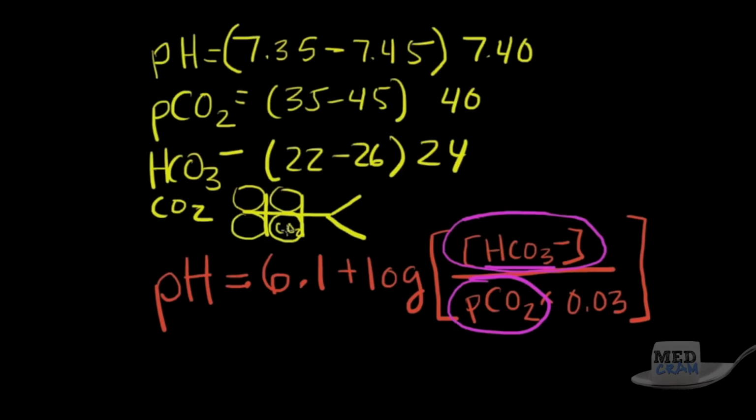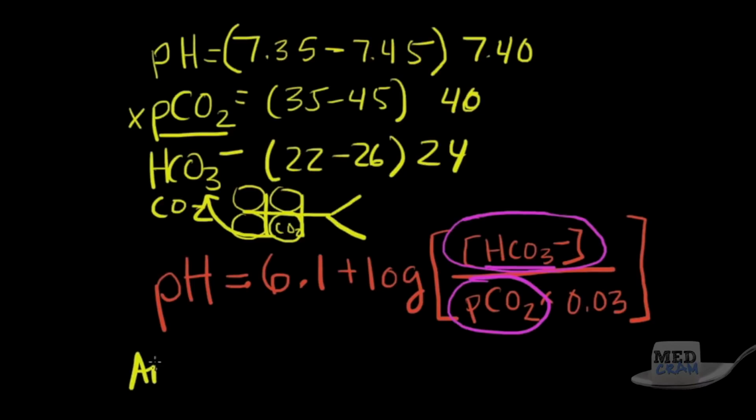That CO2 in the Chem 7 is really the same as bicarbonate. It's not the same as the PCO2. That's different. PCO2 is the partial pressure of carbon dioxide. Here, this is the total dissolved CO2, synonymous with bicarb. So if you see CO2, it's the same as HCO3 minus. Just be aware that those are the same numbers, but that's different than the PCO2, which has a normal of about 40.